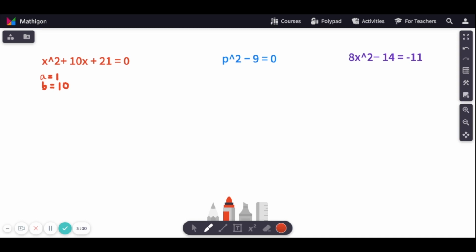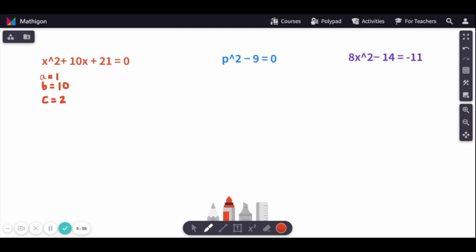Kapag hirap ka na pong ma-identify kung ano yung factors, gamitin mo na ang quadratic formula. Hindi mo ma-factor out ng trial and error, mag-quadratic formula ka na. Malalaman mo yung sagot. Di ba may factoring tayo ng perfect square, ng trinomial. Yung trial and error natin, pwede nyo pong gawin yun. Pag hindi nyo na talaga maisip kung ano yung factors, quadratic formula ka magla-last resort.